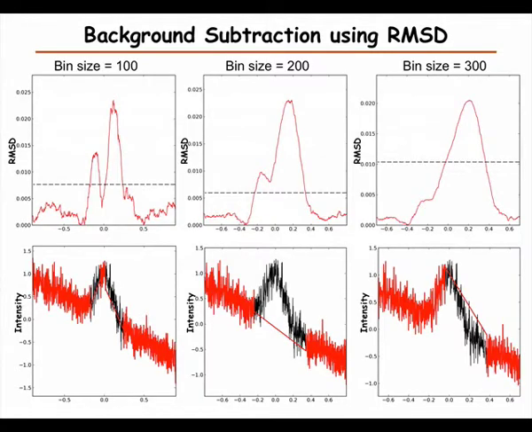An application of that would be, again, this background subtraction. So now we have different bin sizes, either 100 pixels, 200, or 300, and then we just calculate this root mean square deviation.